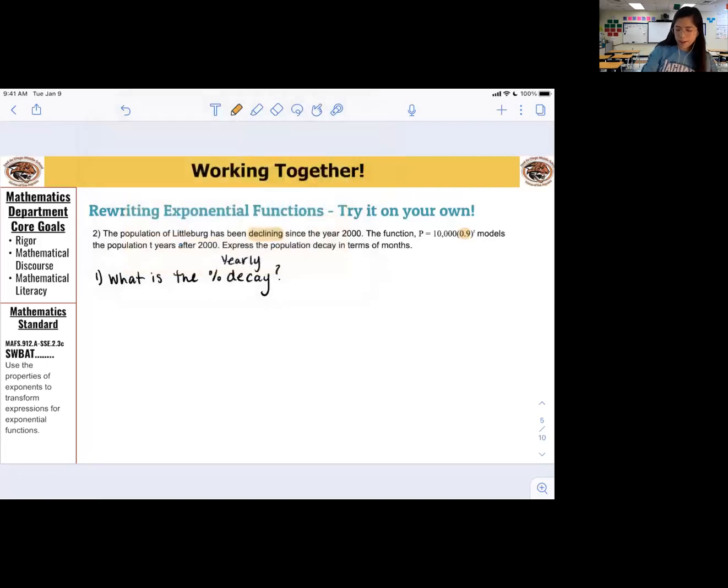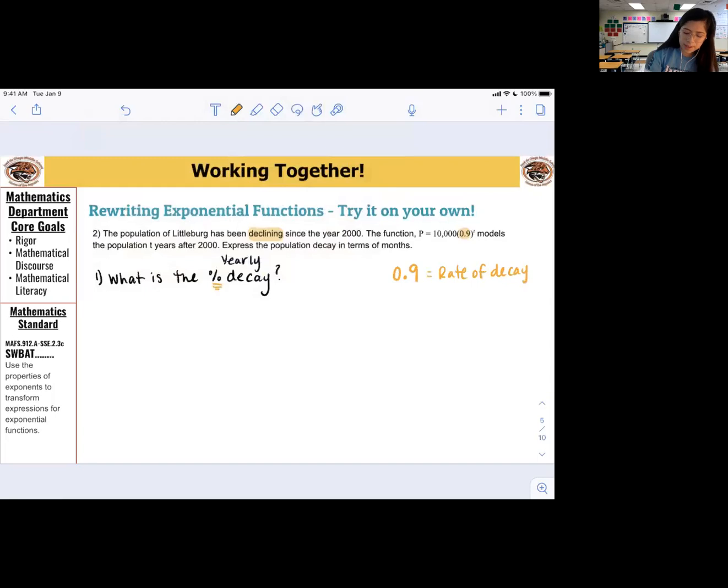Is it 0.9, or is 0.9 something else? Is that my yearly percent decay? No. What is the 0.9 called when it's just on its own? Rate. That's just my rate. Rate of decay.